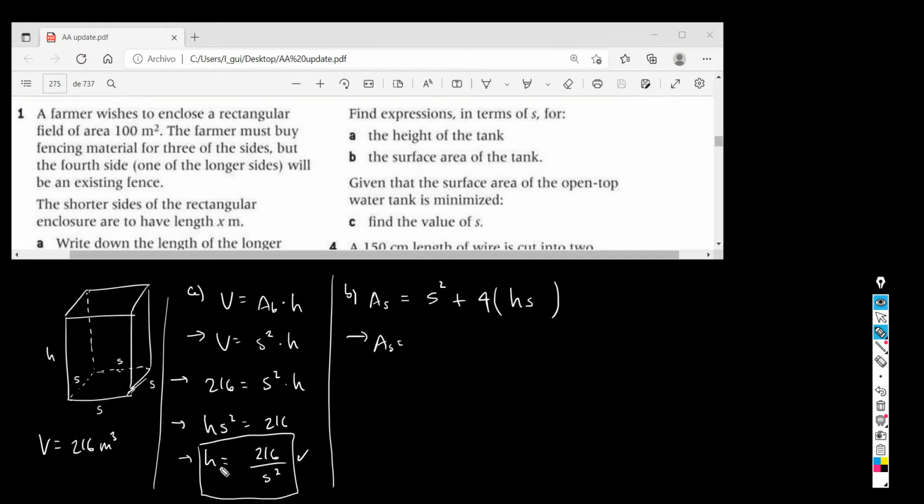But since I know H in terms of S, I can put it right there. So let's do it. Then simplifying just a little bit, we're going to get 4 times this number.